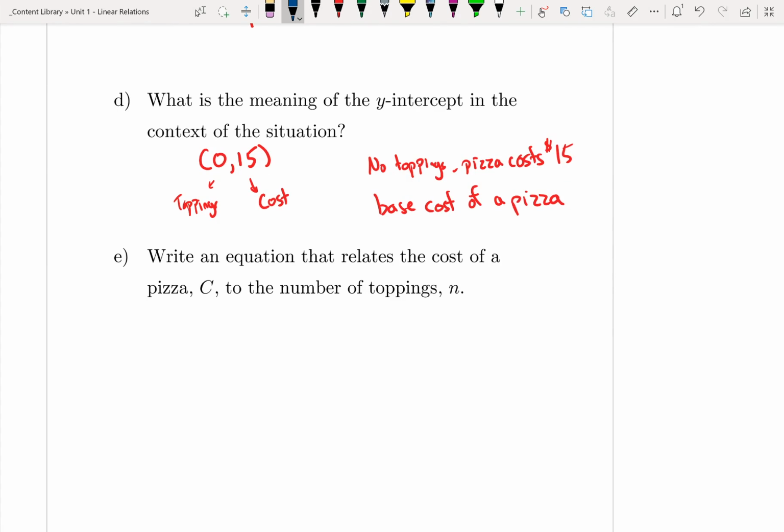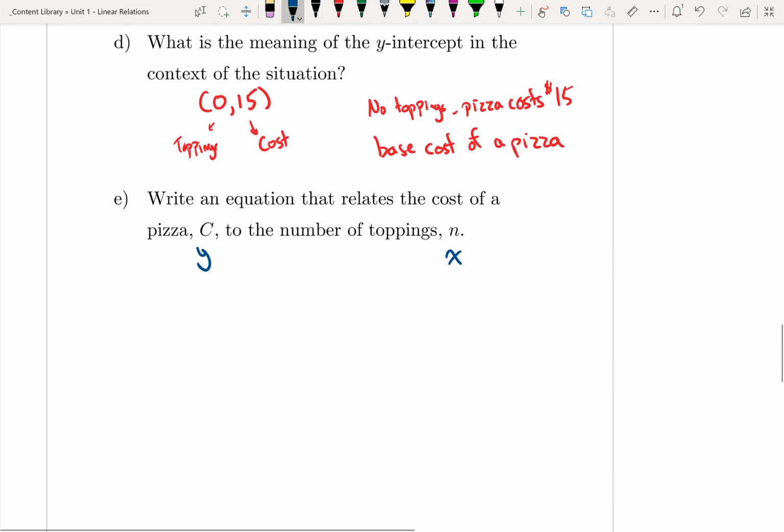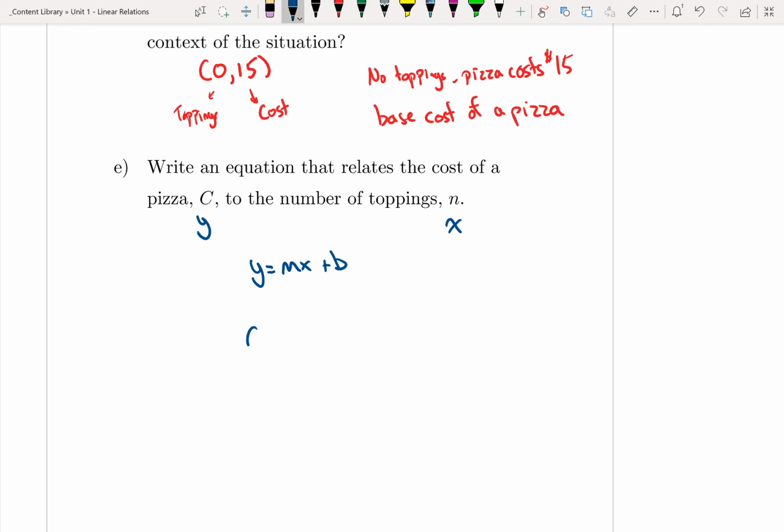E, I want to write an equation that relates the cost of the pizza C to the number of toppings n. Looking at, again, my variables, C represented the y value because it was the vertical axis, n represents the x. So if I'm writing out a general equation, y equals mx plus b, using these variables, instead of y, I'm going to write C, and instead of x, I'm going to write n.